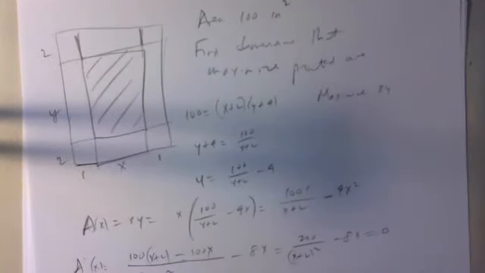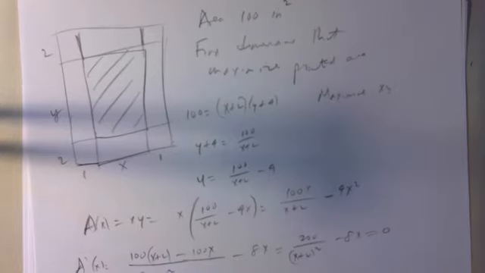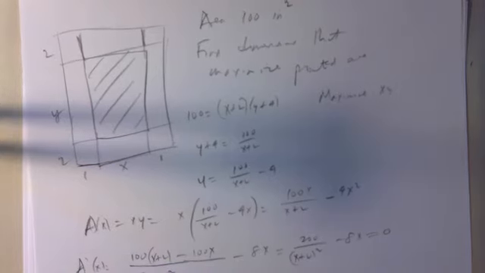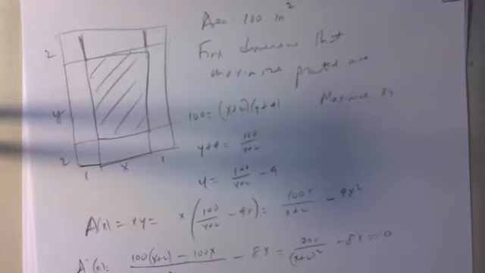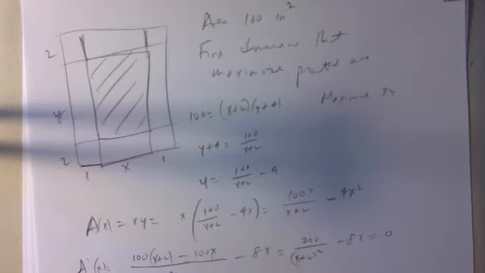So that's equal to 0 when 8x equals 200 over x plus 2 squared, which means x times x plus 2 squared equals 200 over 8, which is 25.